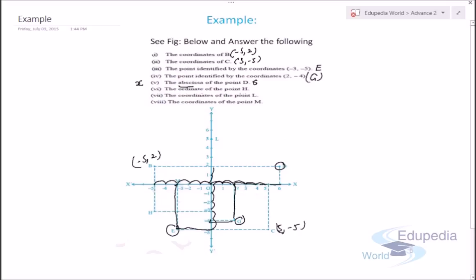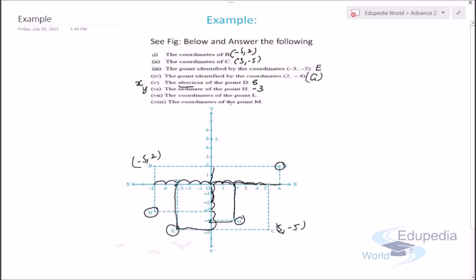The ordinate of point H. Like this is point H, so we have to write the y part. The y part is 1, 2 and 3, but it's in the negative direction, so the ordinate of H is -3.